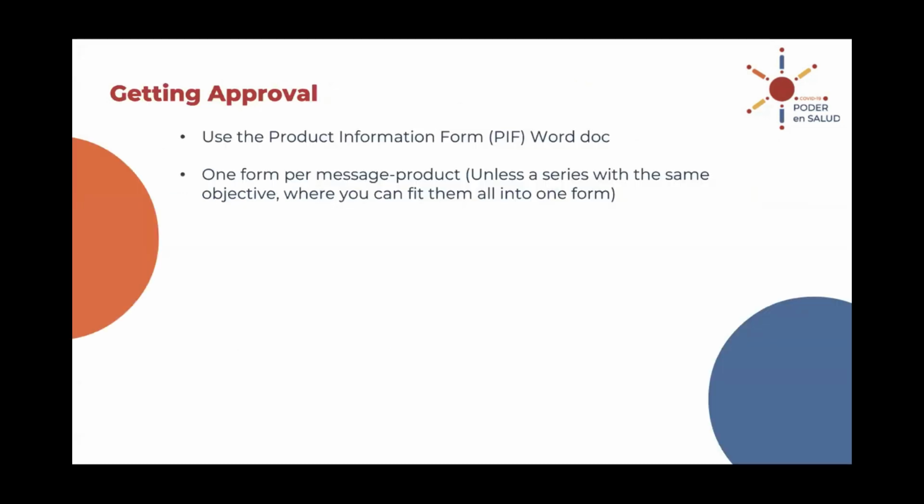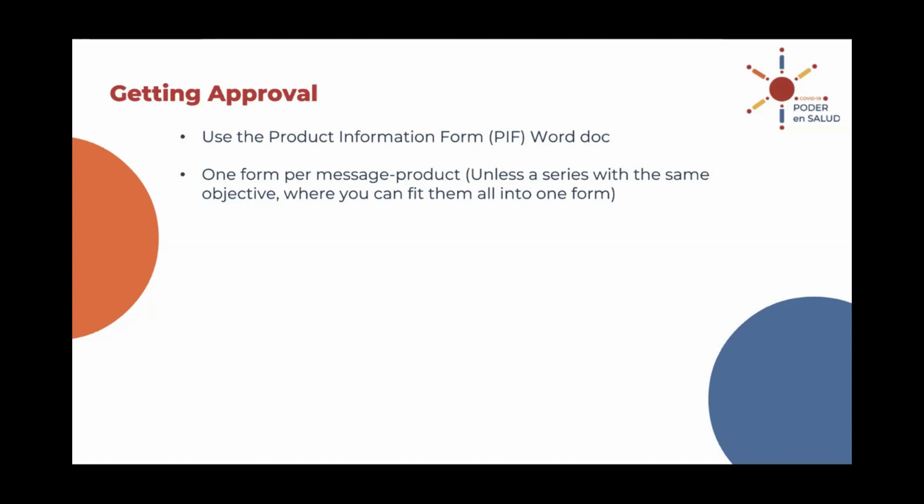And just to finish off, getting approval for your message product. You will use the product information form, or PIF Word doc, that will be provided for you. One form per message product is required unless a series with the same objective is done, such as a podcast series. But this is so you can fit all of the information you provide in each message product.